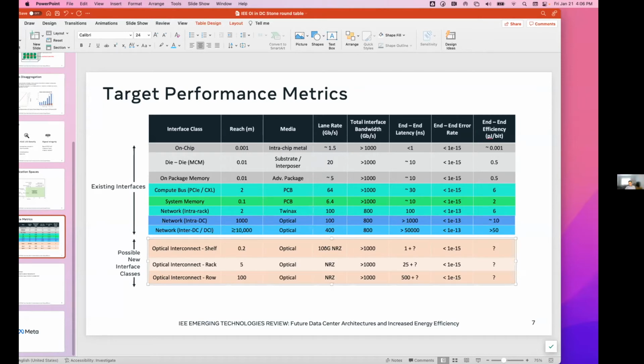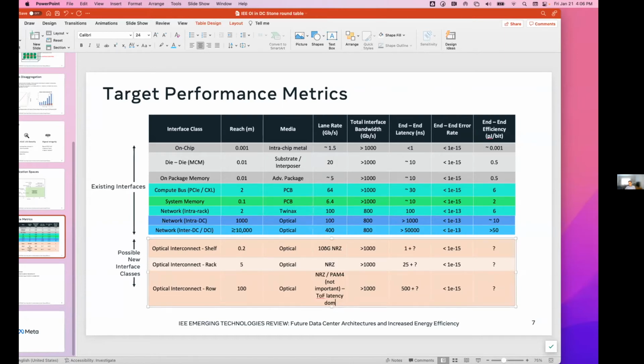If you have hundreds of nanoseconds of latency, then the PAM4 latency is probably incrementally not as important. I wonder more about, when I look at the row, do you need the same kind of bandwidth and bandwidth density as you would have within a rack or within a shelf? It seems like this would have opportunity for a different optimization point, at least. Got it. I think that's an important point. When you get to this, the time of flight latency certainly dominates.